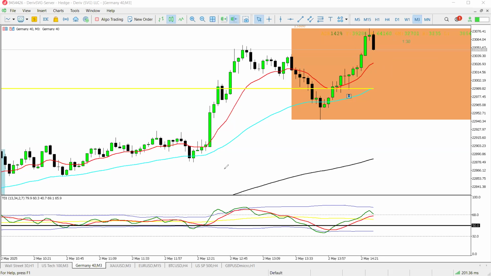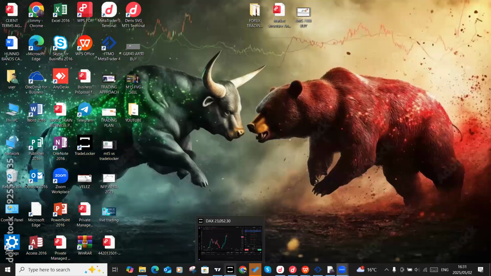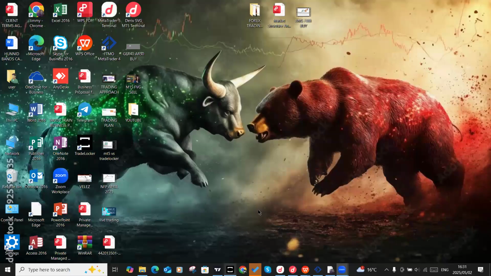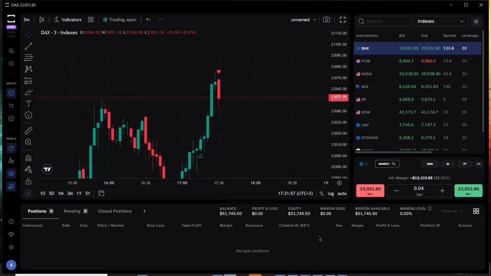So if price finds support on this broken order block here, and if price finds support on the 13 EMA, and we get a nameable candle like this, I might still get in. To get to the actual target I wanted, I still need about 260, I think, so I can risk like 130 on a 1:2 risk to reward ratio.